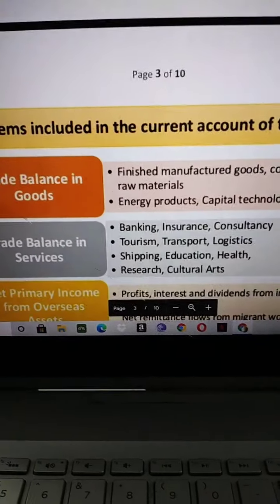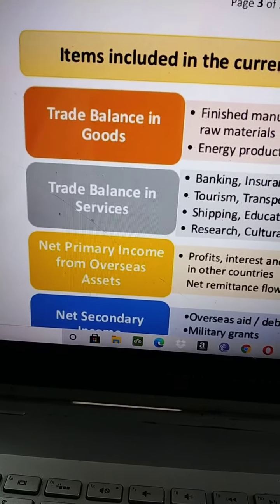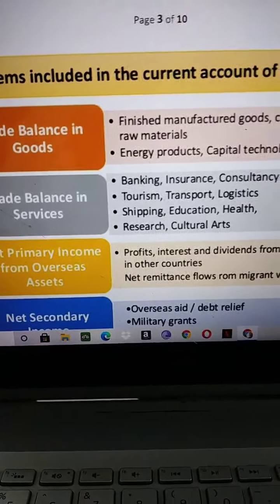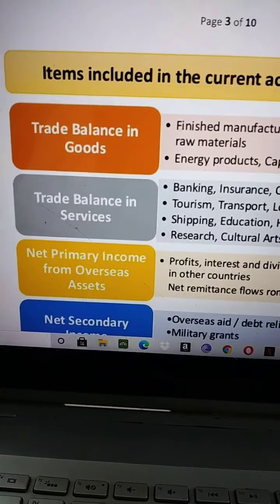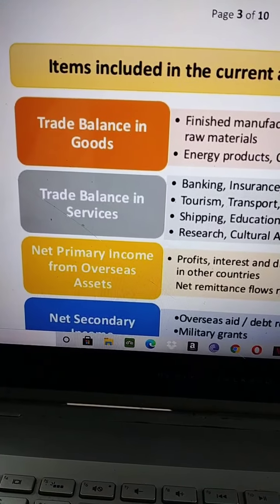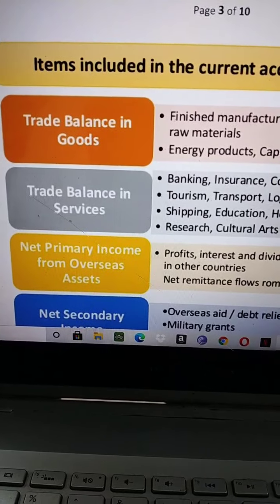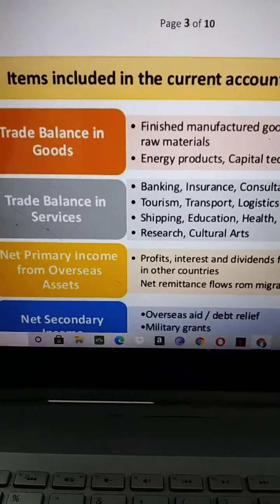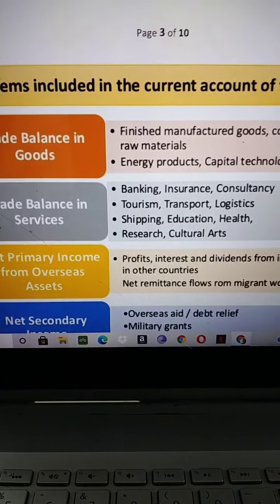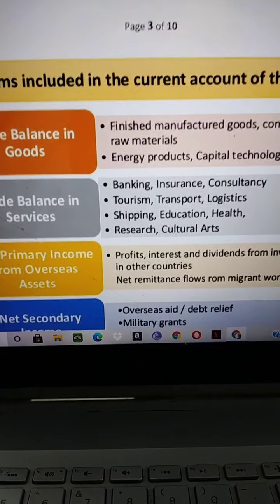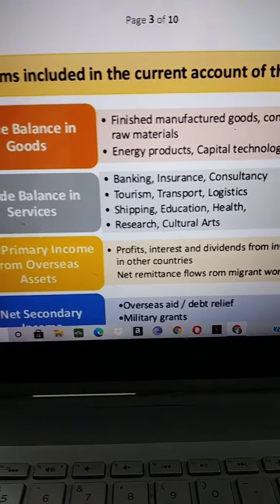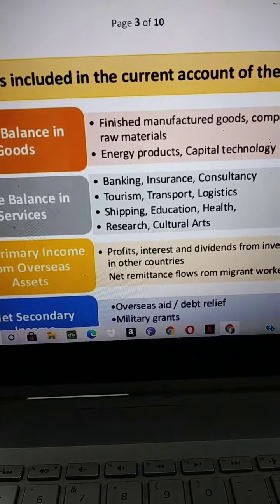In the current account, there are four components, and the current account is one of the main accounts of the balance of payments. The first component is the trade balance in goods. Trade balance means you have to analyze whether your exports of goods are more or imports of goods are more.